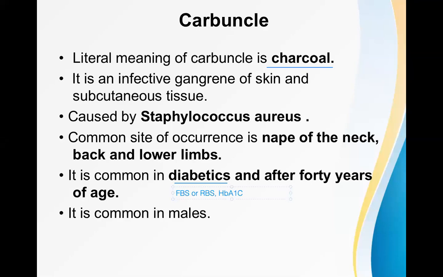If blood sugar is not properly controlled for the last 3 to 6 months, then this HbA1c value will be higher than normal. So these are the two important tests which I want to do to rule out whether this person is diabetic or not. Never forget this. And it is more common in males than in females. Probably males are more hairy than females. That may be the reason.